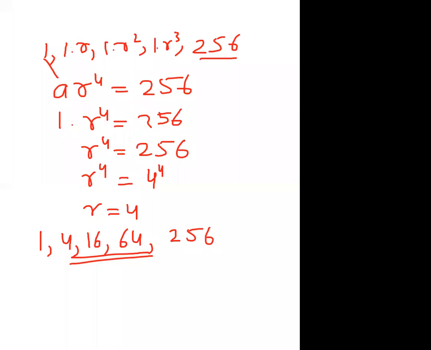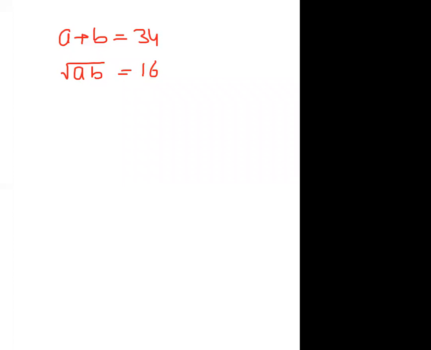See, once a very easy question came, it is from NCERT. The arithmetic mean of any two numbers is 34, and the geometric mean of the two numbers is 16.